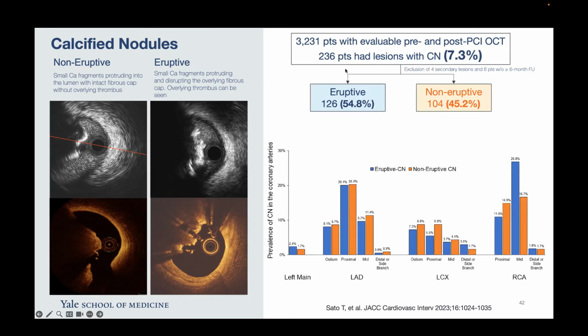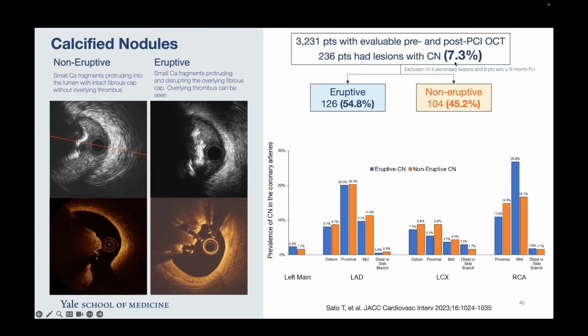We had a case this week that we were discussing, and he produced this recent publication in JACC. So these authors looked at 3,200 patients that were evaluable pre and post OCT, PCI with OCT. And out of those 3,200 patients, 236 had lesions with calcified nodules.